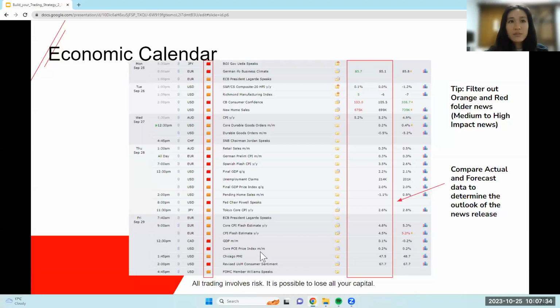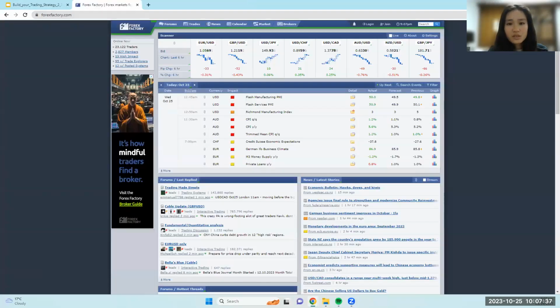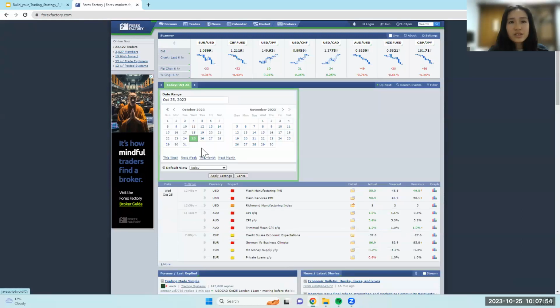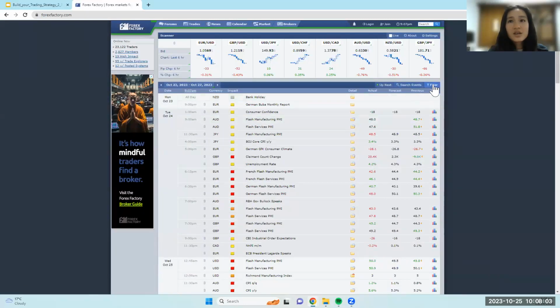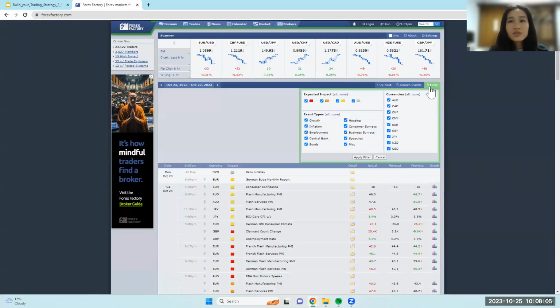If you take a look at my screen now, when you go into forexfactory.com, it looks kind of like this. It gives you all of the different impact events, as well as today's events. But let's say I'm looking at this week's events, the 23rd to 27th. You can see all of the events, and I like to click this filter.